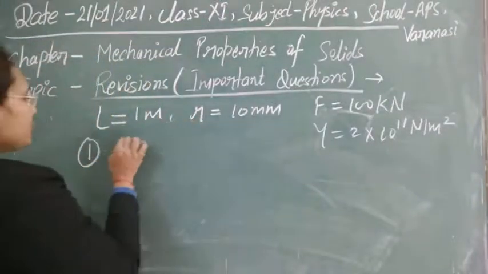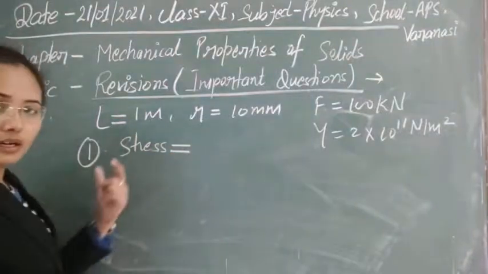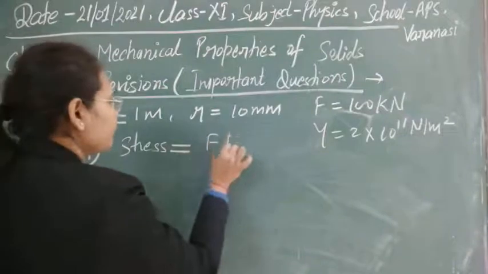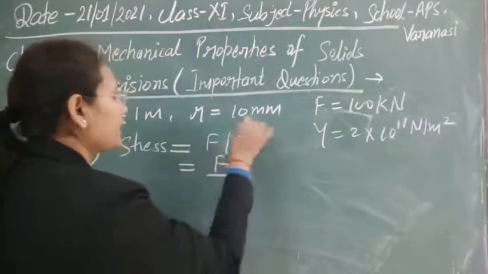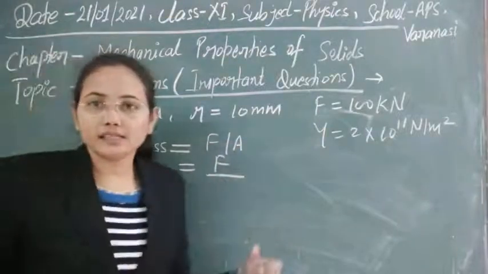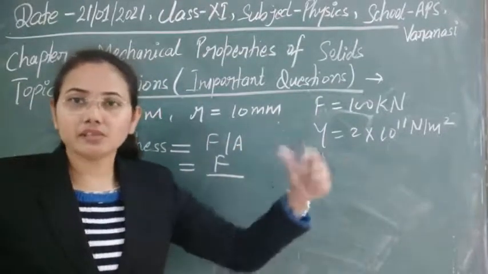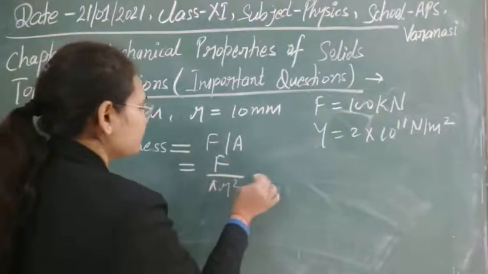As we know, the stress, the normal stress that we apply to deform its length, is given by force per unit area. If we write force and area, as the steel rod has a radius, its cross-sectional area will obviously be circular, so you can write it as pi r square.